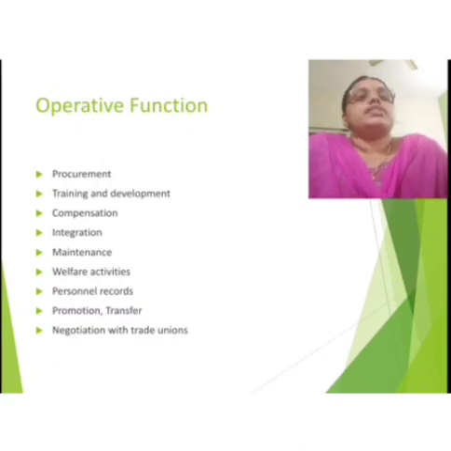After compensation, next is integration. The HR manager should reconcile the interest of workers with that of the organization. A sense of belonging needs to be created among employees so that they are properly motivated.